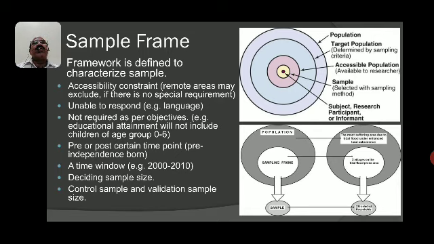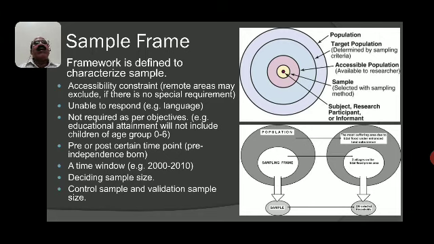Then pre or post a certain time point, say we want the production or some study that is before the independence or a time frame between 2000 and 2010. So we will not take any data which is beyond 2010 or prior to 2000.